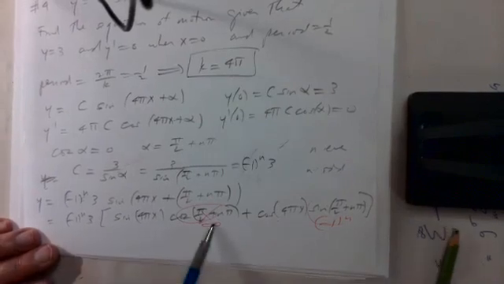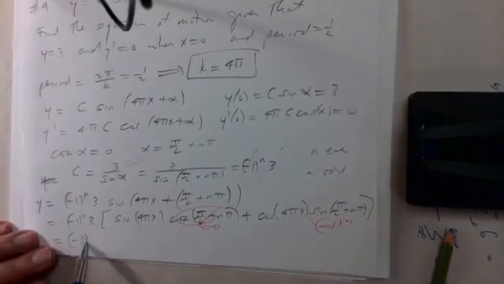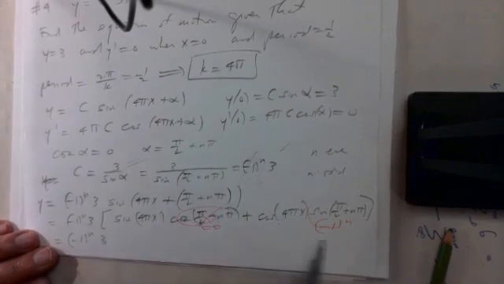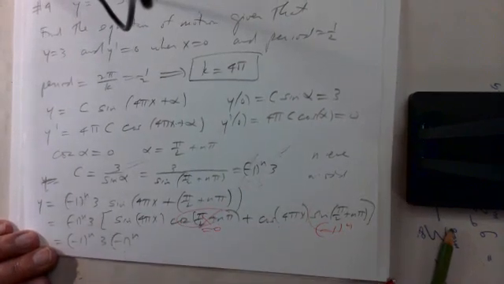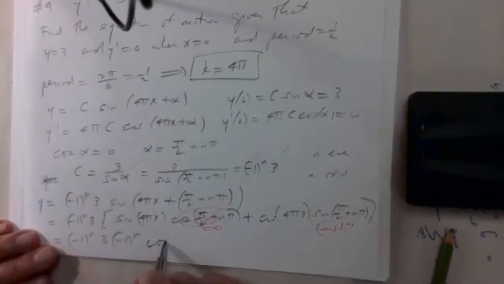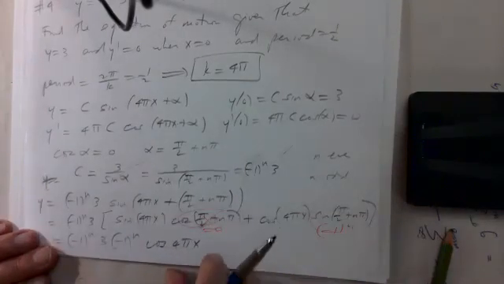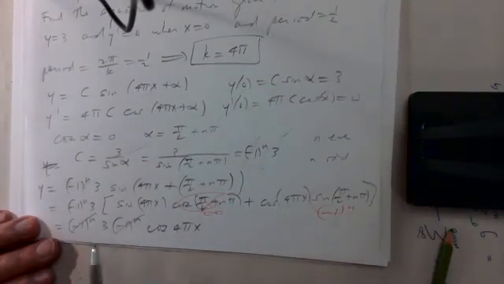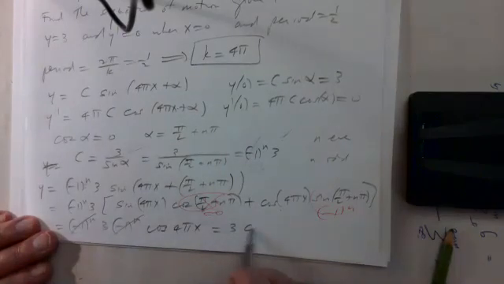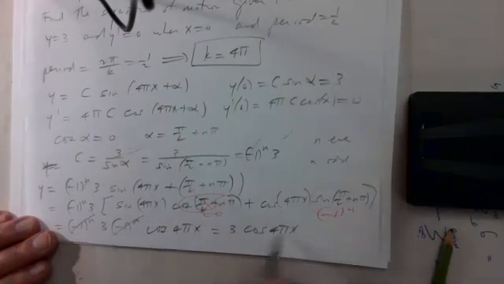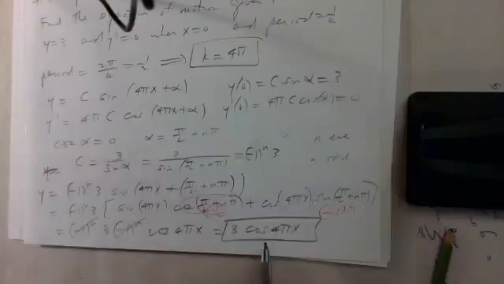So this term cancels, and what I get is minus 1 to the n times 3 times minus 1 to the n times the cosine of 4 pi x, and minus 1 times minus 1 is plus sign. I get 3 cosine of 4 pi x.